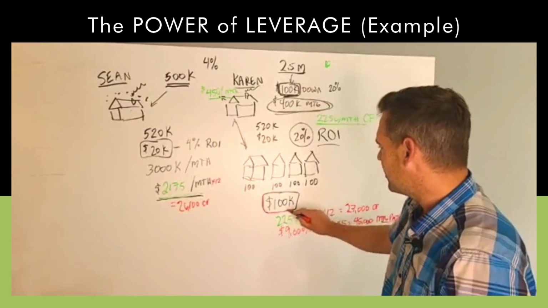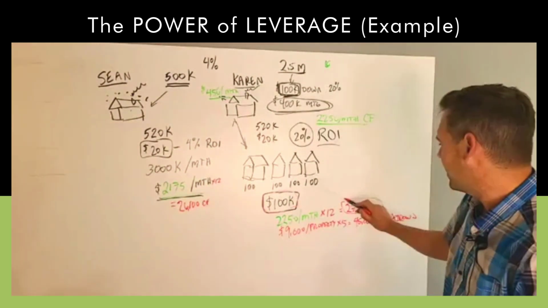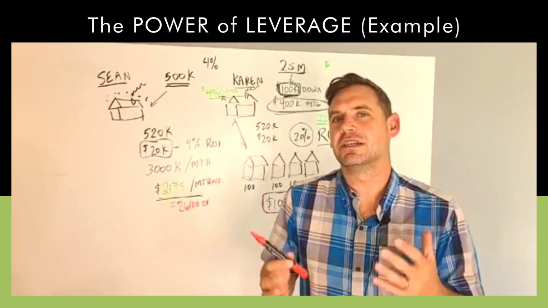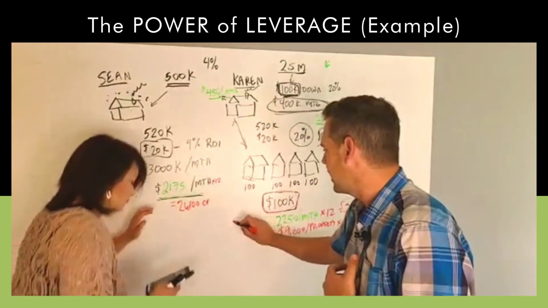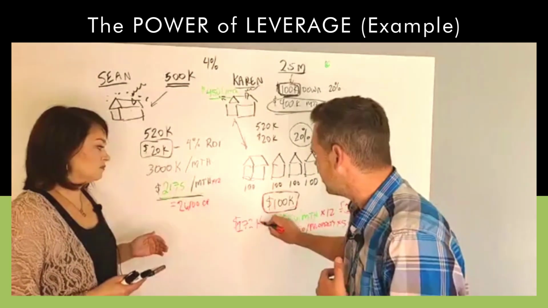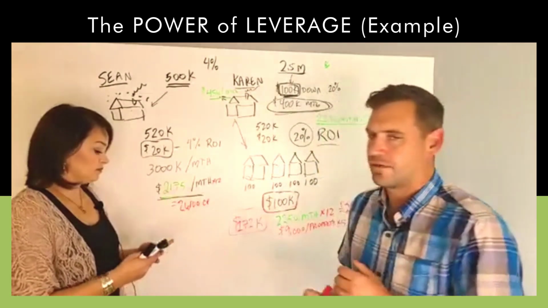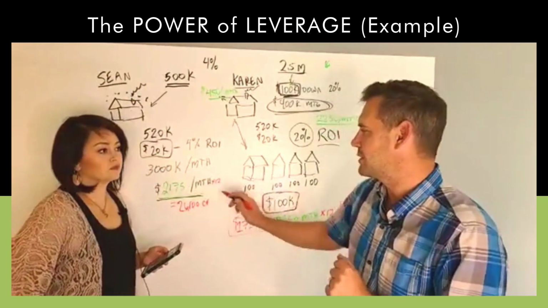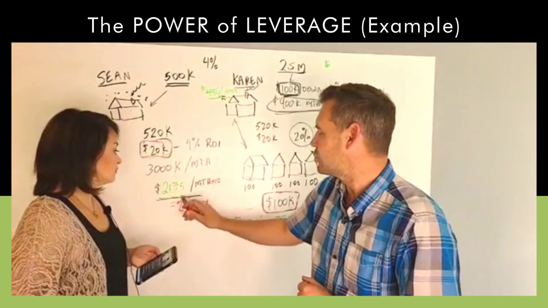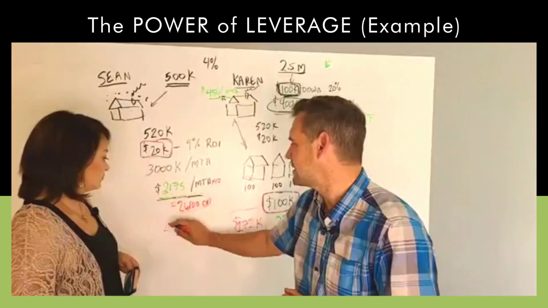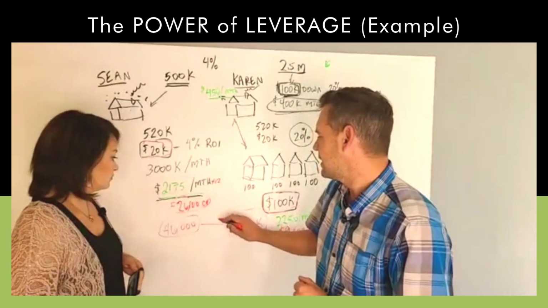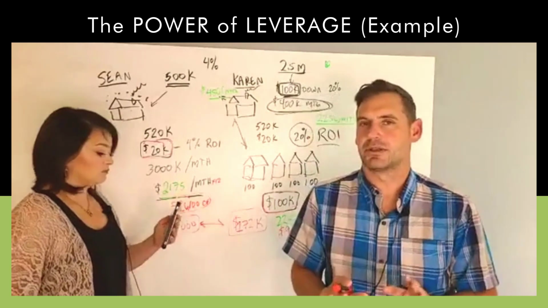So she has her $100K plus her $27K plus her $45K, she's got a total of $172,000 of profit in her first year, assuming the same numbers as Sean. He is getting his $20K plus his $26,000, he's getting $46,000. Do you see a difference, guys, in these two numbers?